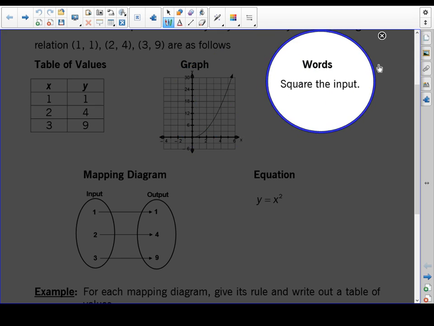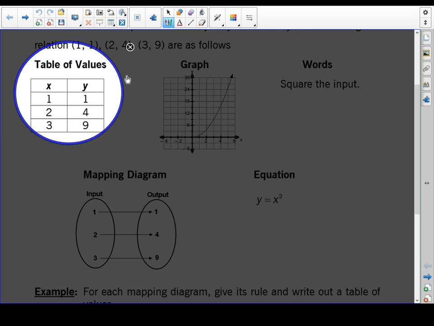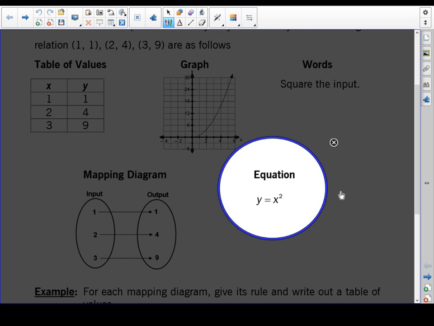And we also have some words. Square the input. If you take each of the numbers in the input and you square them, you get the y values. If we go back to the table of values for a second, 1 squared is 1, 2 squared is 4, and 3 squared is 9. And the equation follows very closely with the words: y equals x squared.